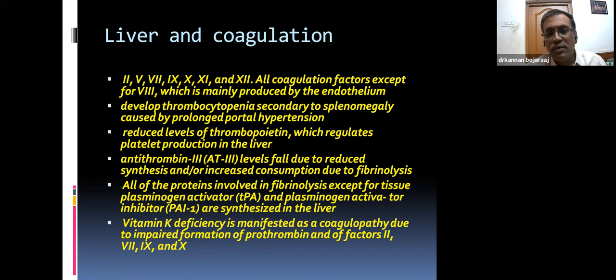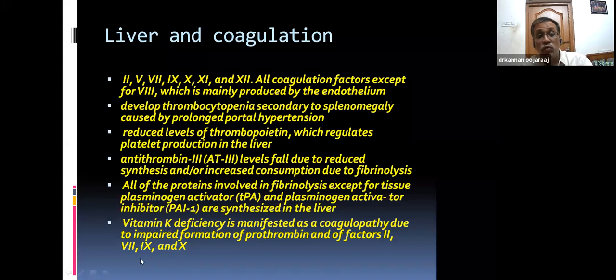The bile is not formed fully and enterohepatic circulation is not maintained. The fat-soluble vitamins are not absorbed, and these factors will not be activated, because vitamin K is a cofactor for activation of these 2, 7, 9, 10, and they become inactive. That is why vitamin K is most important. Either there may be low production or, because of this vitamin K deficiency, these factors are inactive.